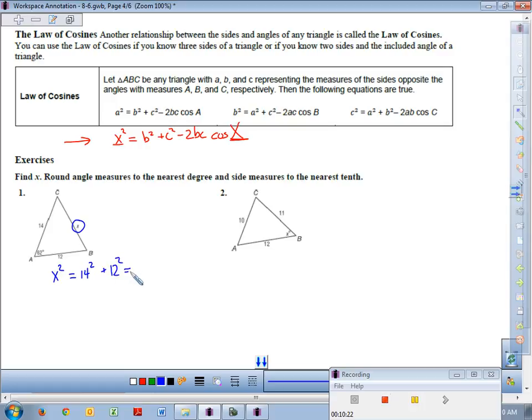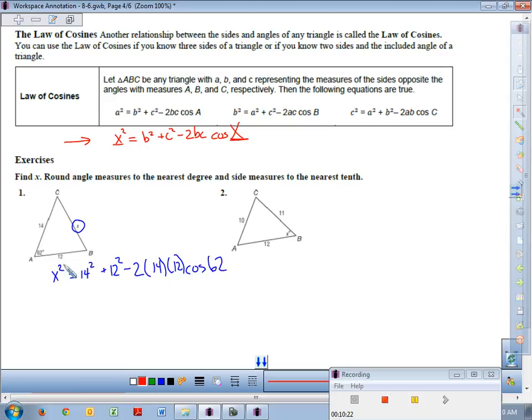It doesn't matter what order those two things are in, minus 2 times b times c, 14 and 12 go in there, times the cosine of that angle measure, which says 62 degrees. Yes, 62 degrees. So notice that's how we set it all up. X is the side length we're looking for, big X is the angle measure, and 14 and 12 are the B's and the C's, and it doesn't matter which one's which.